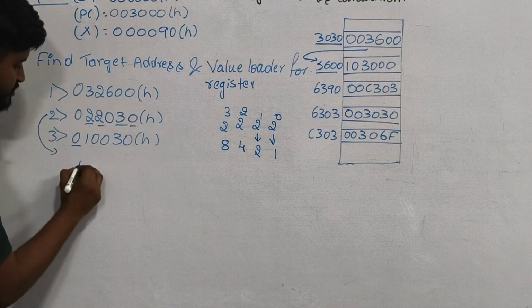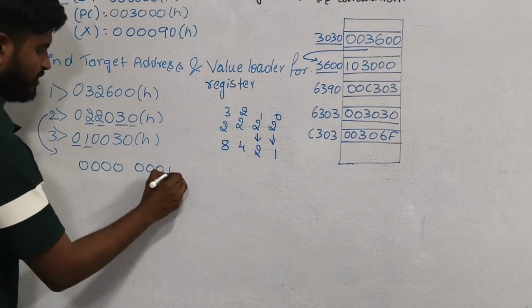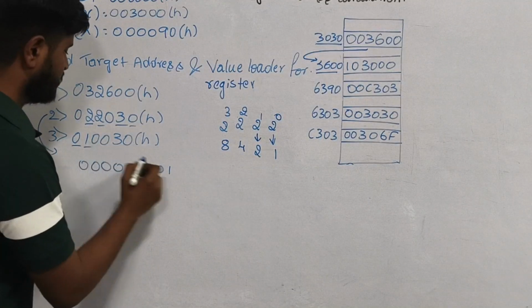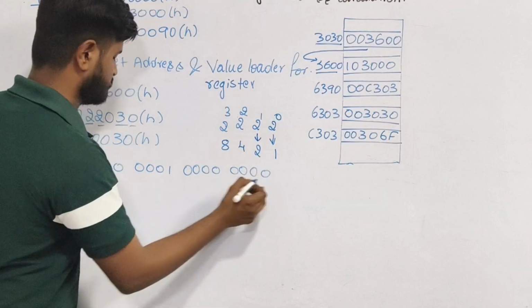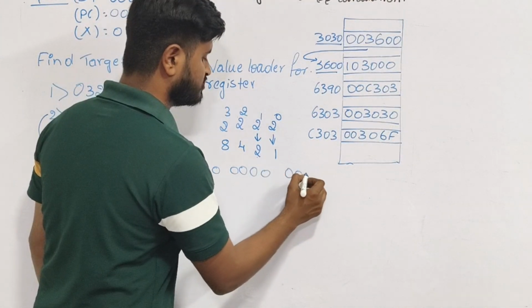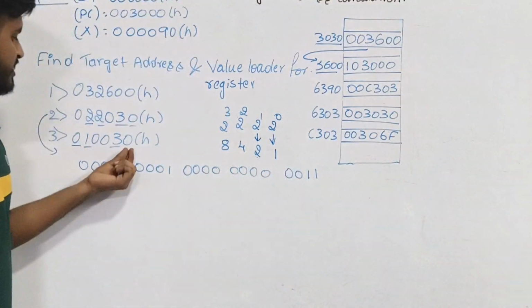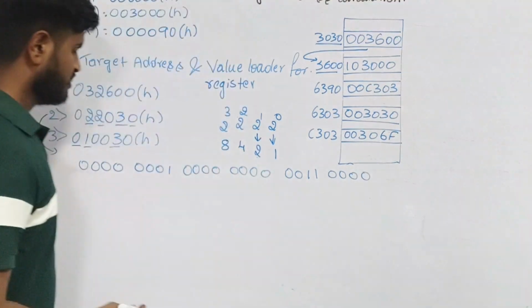Here is the third one. How will you represent 0? 0, 0, 0, 0. Then 1, 0, 0, 0, 1. Here 1 is there. Next 2: 0, 0, 0, 0, 0, 0, 0, 0, 0. Next I must represent 3. 2 plus 1 will be 3, so 0, 0, 1, 1. Next again 0 is coming: 0, 0, 0, 0.